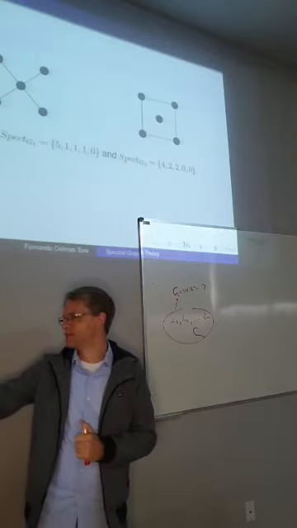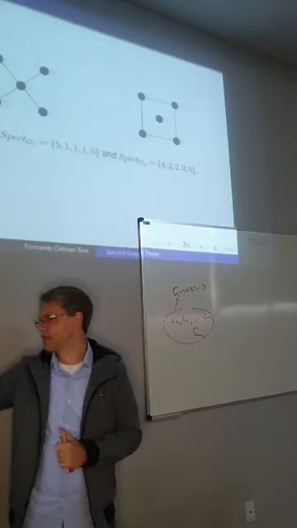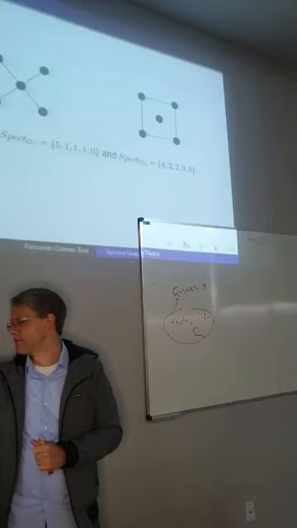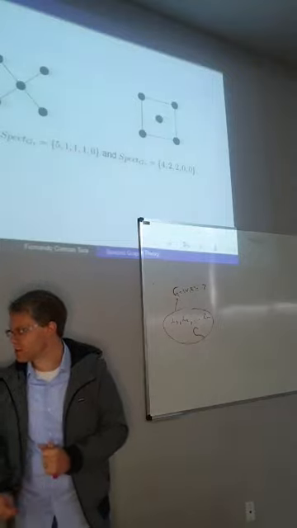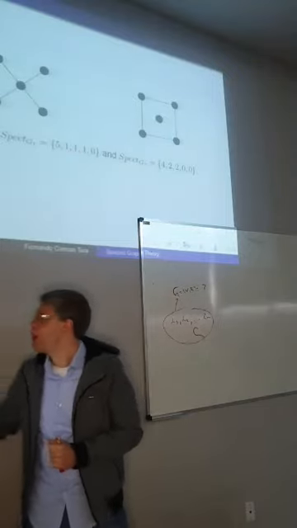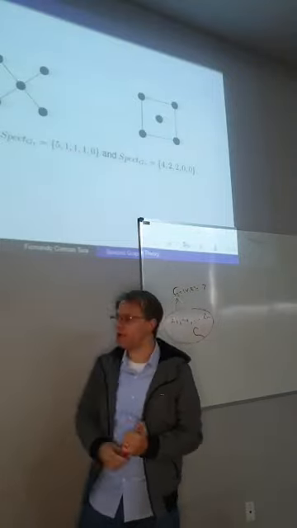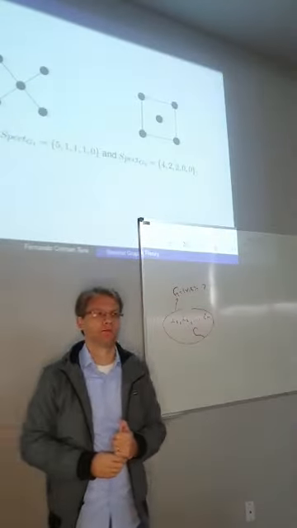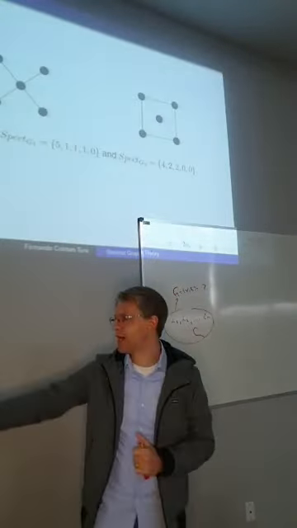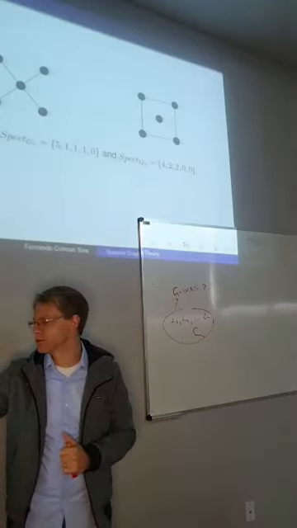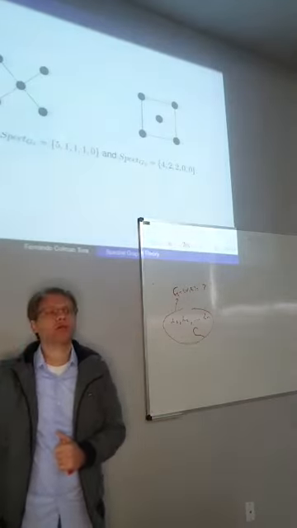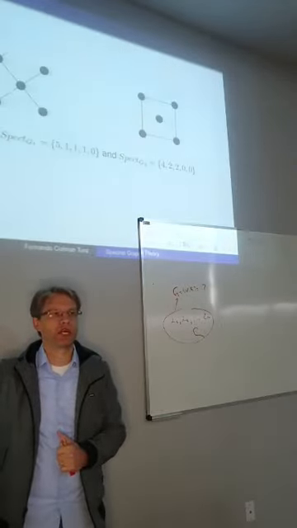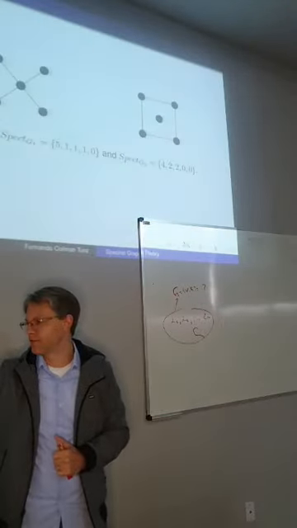While if you look at the graph on the right, its Laplacian eigenvalues are 4, 2, and 0. But note that on the left, I have only one 0, and on the right, I have two zeros. What does it say about the graph?